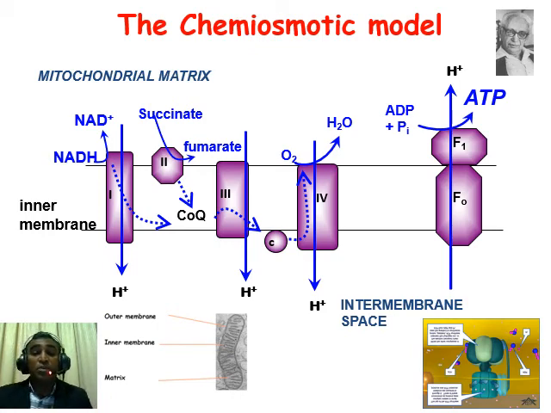It will try to go back to the matrix, and the only route is through complex 5, where it shoots from the intermembrane space into the mitochondrial matrix. And due to the FO and F1 components of the ATP synthase or complex 5, eventually ATP is generated.